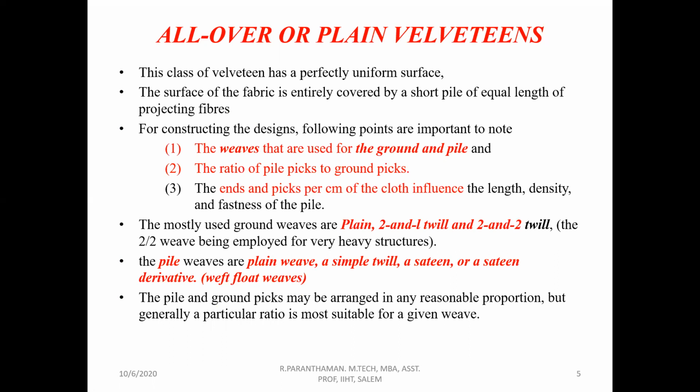So mostly we prefer weft float weaves to produce the pile effect on the fabric surface. The ground picks and pile picks may be arranged in any reasonable proportion, but generally a particular ratio is most suitable for a given weave. That is, the ratio between ground picks and pile picks is a very important factor to decide the pile length in the fabric surface.